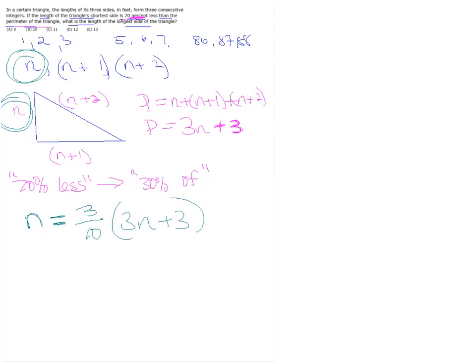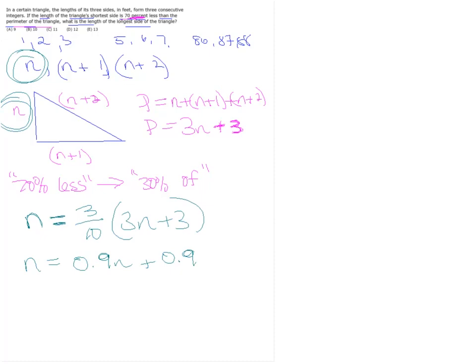At this point, we just have a very basic linear equation. Our goal is to eliminate the fraction quickly, or you can multiply the 3/10 through. It depends on what you like to do. So let's put it through. This becomes 9/10, so 0.9n plus 0.9, right? 9/10.